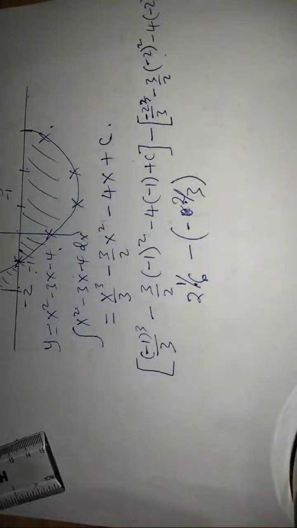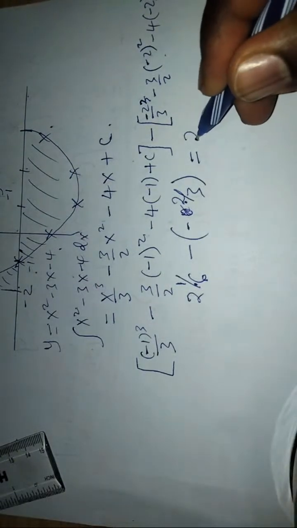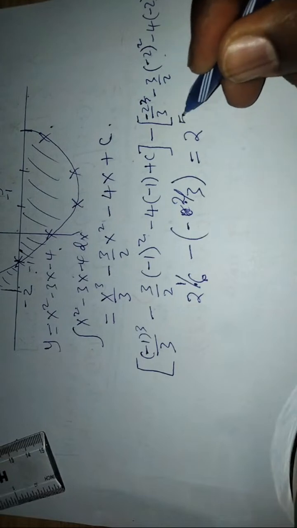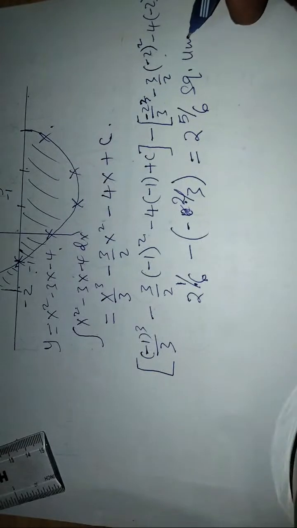Therefore, when I take 2 and a sixth, and I also add 2 out of 3, I'm going to get a total of 2 and 5 out of 6 square units. That is the first area.